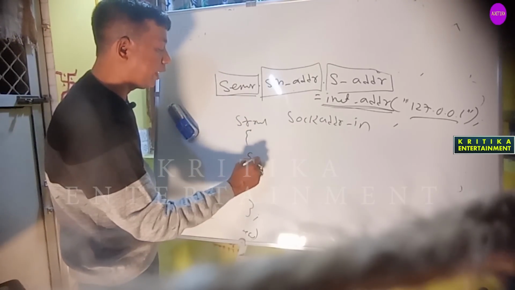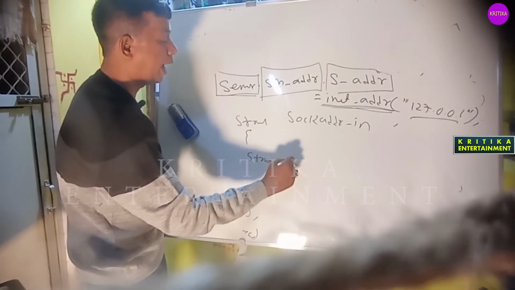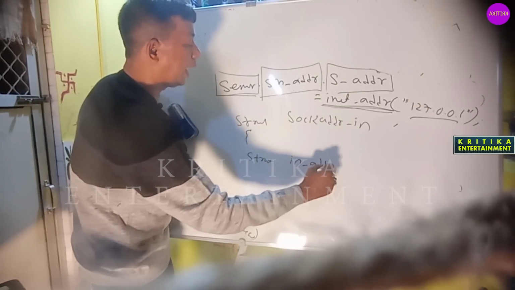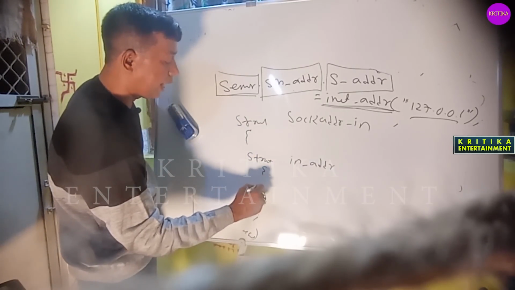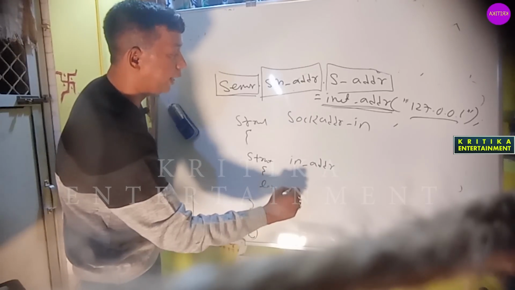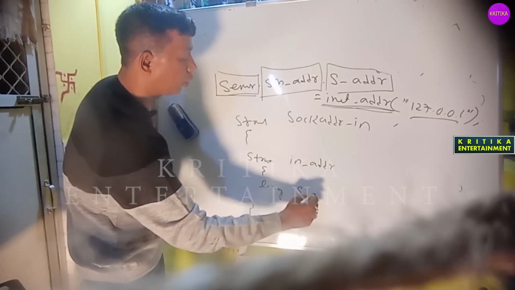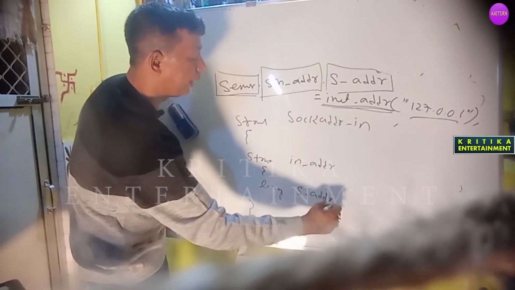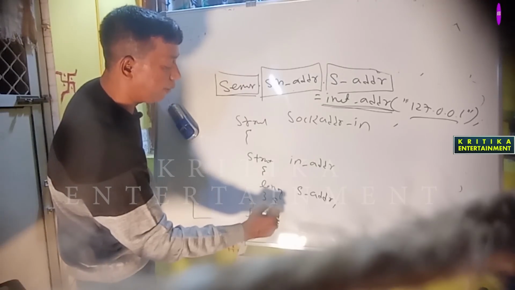Inside the structure, what is there? struct in_addr. Here declare long s_addr, then what is the variable name?